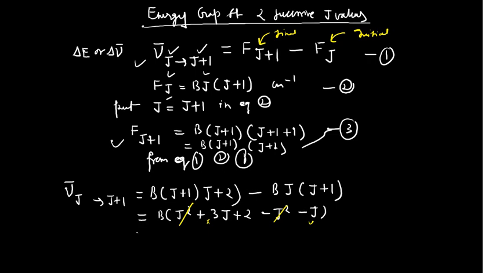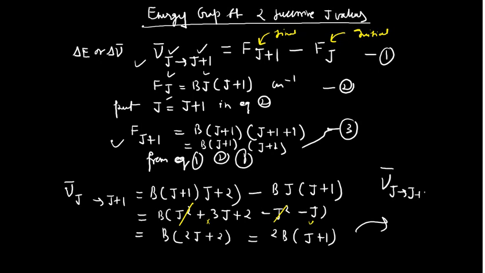So you can write this equation as B into 2j plus 2, which can also be written as 2B into j plus 1. So you are getting that nu bar j to j plus 1 equals 2B into j plus 1. This was the equation actually.